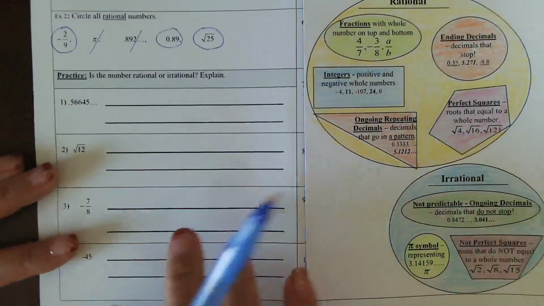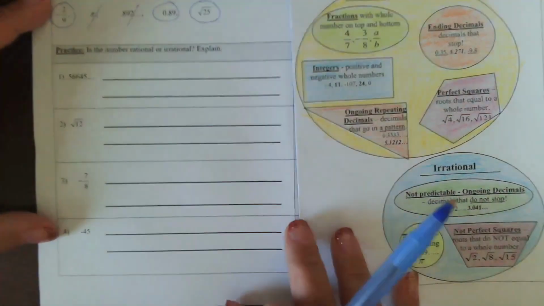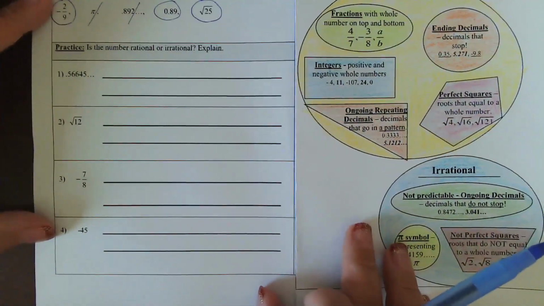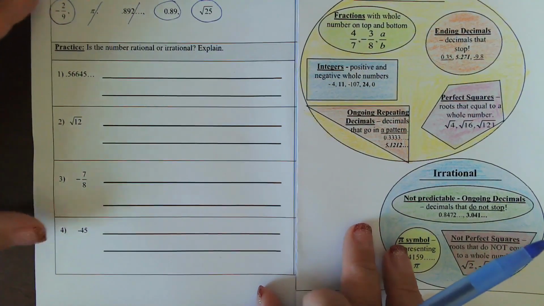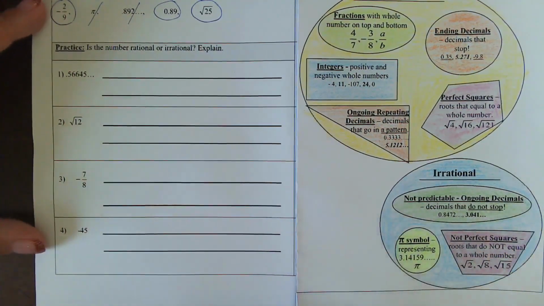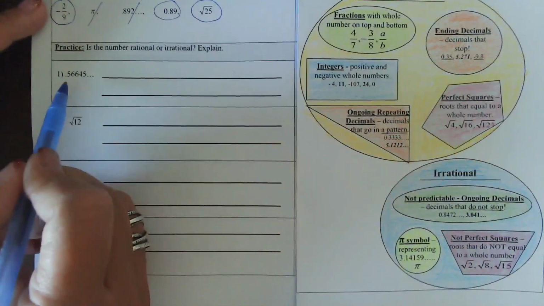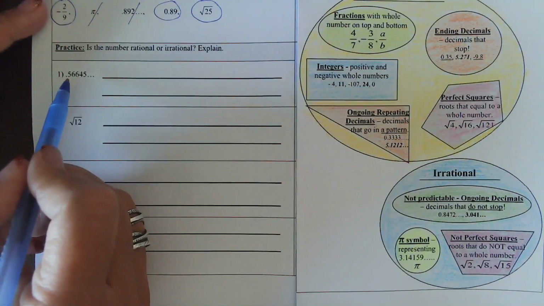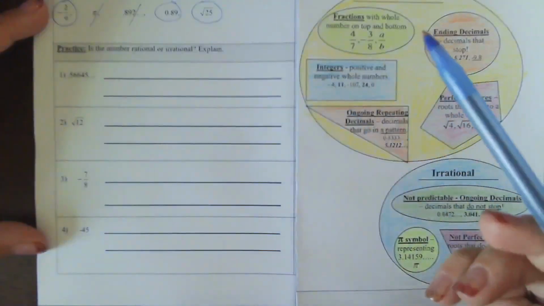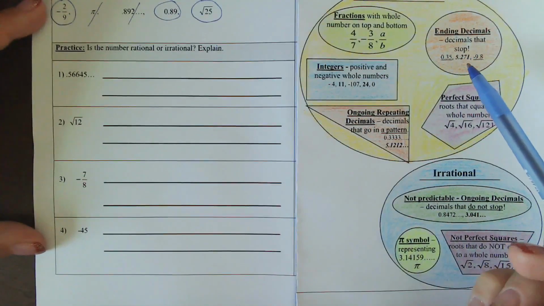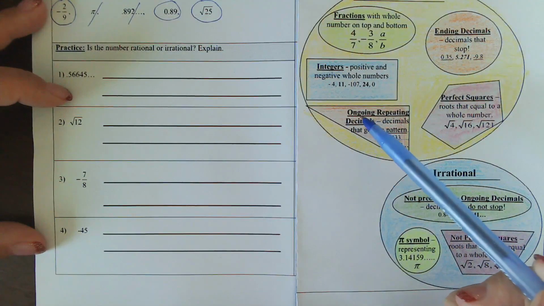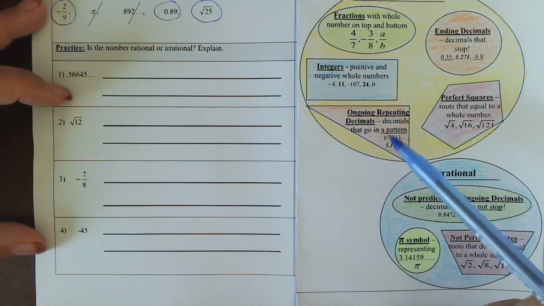So let's look at a few more examples where I have to identify if the number is rational or irrational and explain. The first example is a decimal number. I have ending decimals that stop. This one does not stop. I have ongoing repeating decimals.